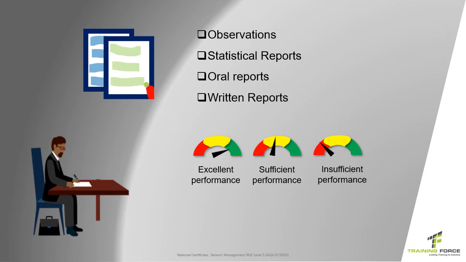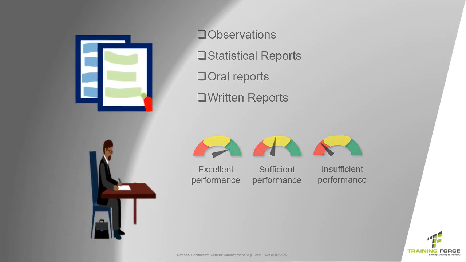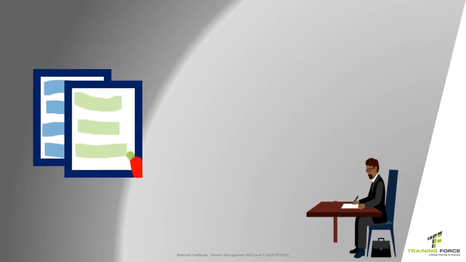Generally, as part of the talent management option, you would also look at the excellent performance and take into consideration the insufficient performance, and then base a training needs analysis on the insufficient performance and look at career opportunities based on the excellent performance from the employee.